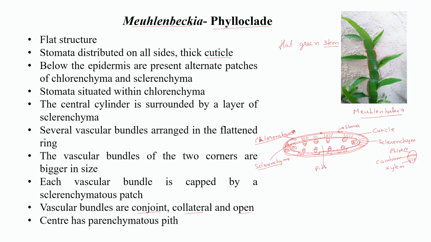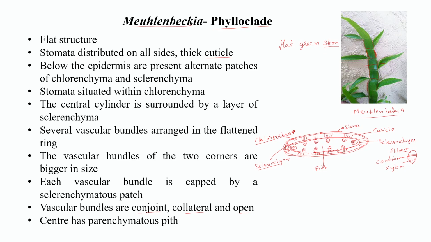They will both be in the same radius, xylem and phloem, that is conjoined. Phloem will be on the outer side and xylem on the inner side, collateral, and open means cambium will also be present. You can see that they are just below the sclerenchymatous patch, which is making a cap-like structure on these vascular tissues.